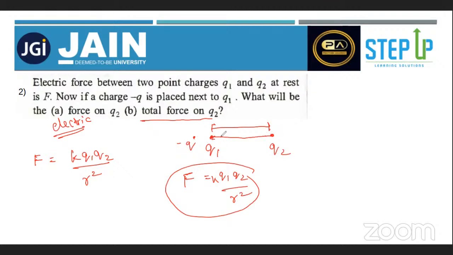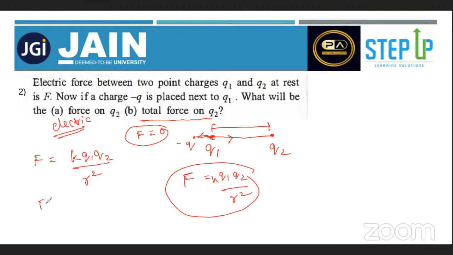For q2, the negative charge will try to attract it on this side, and q1 will repel q2, so both are in opposite directions. If their magnitude is the same, the net force will be equal to 0. If the magnitude is not the same, I can't find the value because the data will be insufficient.